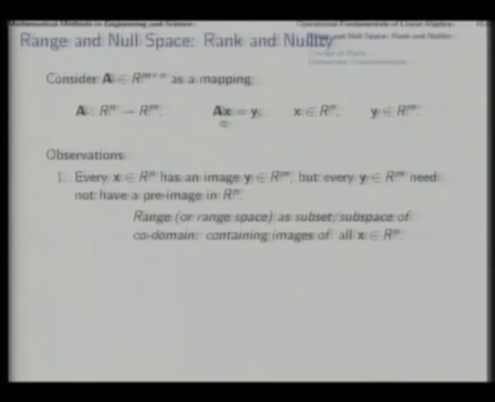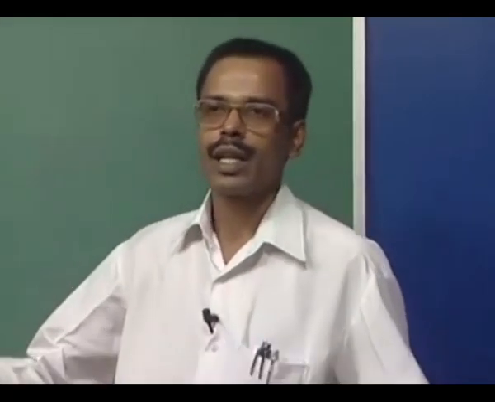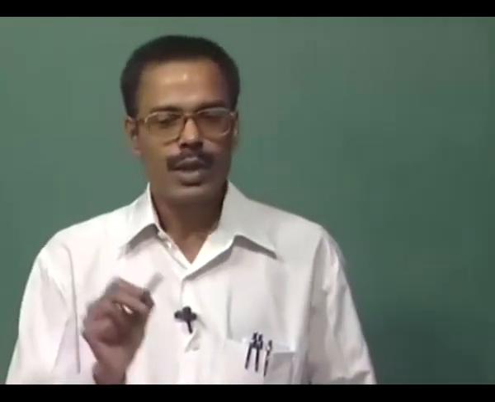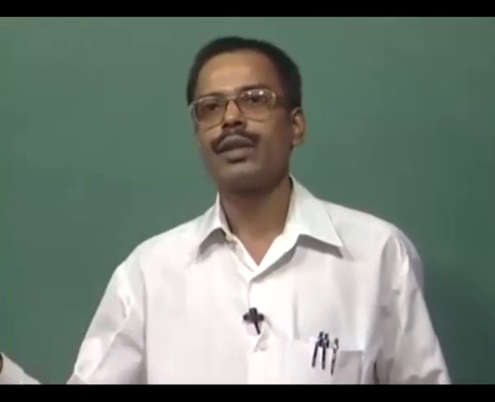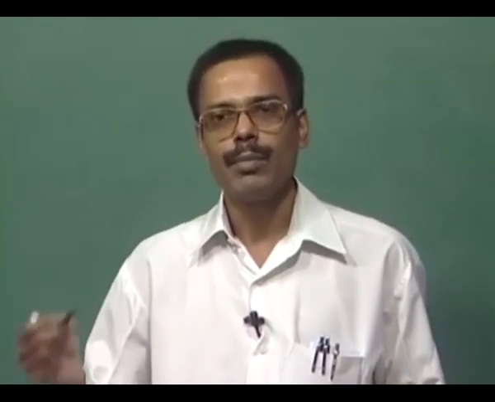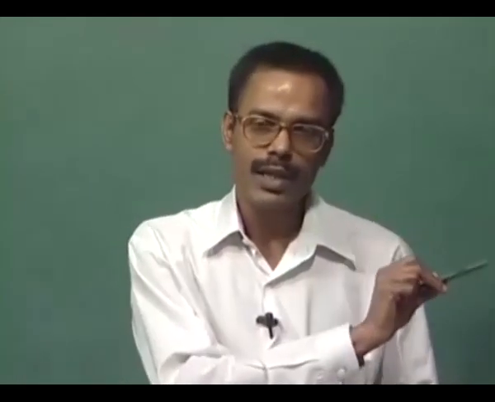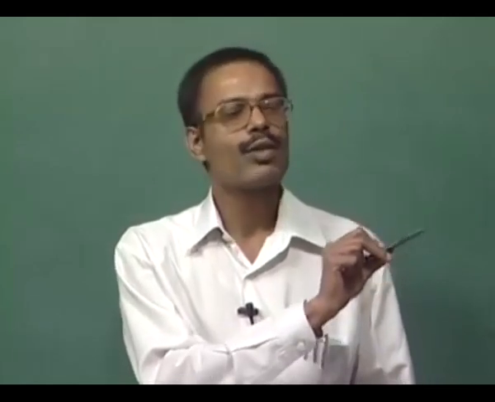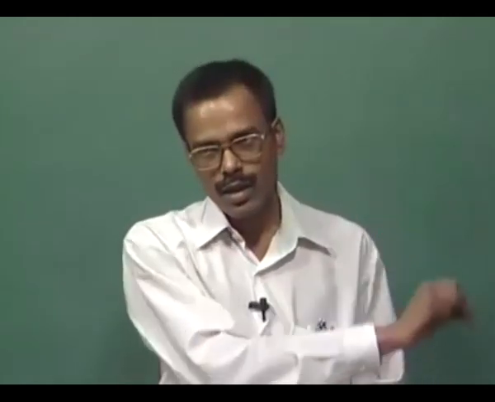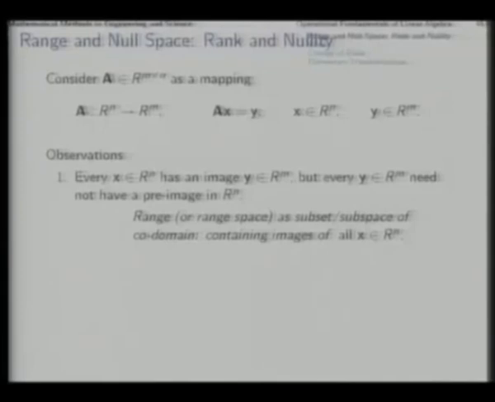Now, then we can talk of those vectors in Rm for which there is some x, and the set of all these vectors is called the range space or the range. So, we find that the range space is a subset, also a subspace of the codomain containing images of all x. That means, Rm could be a larger set, and then we can single out all those members in Rm which come as a result of multiplying the matrix A to all the vectors in the domain which is Rn, and this subset of the codomain is called the range.